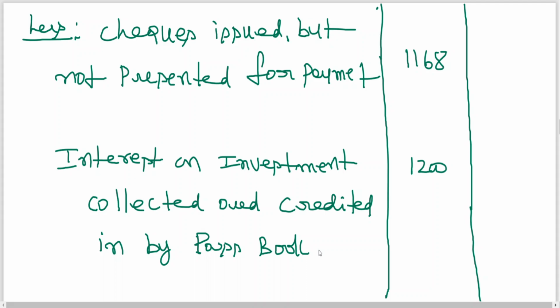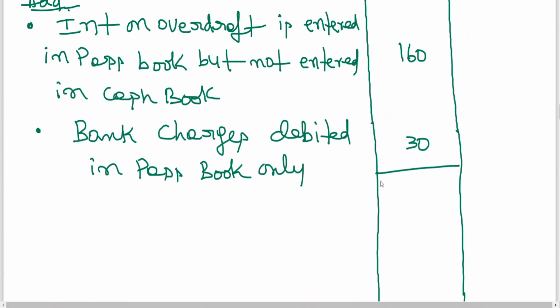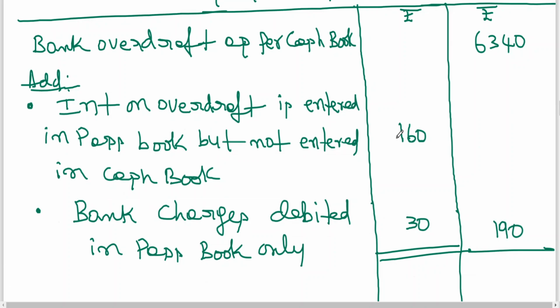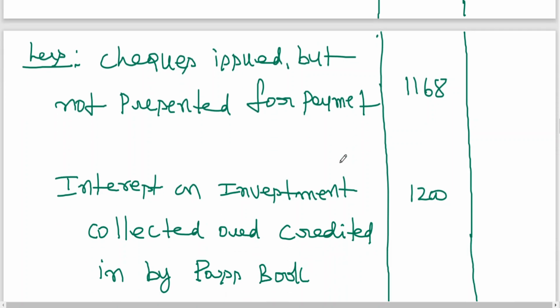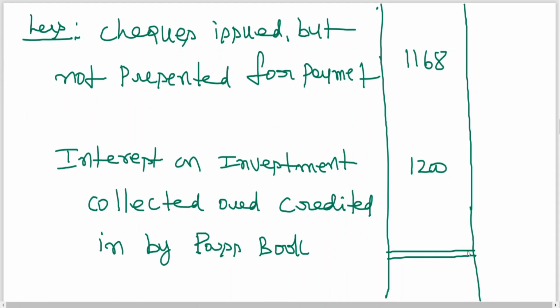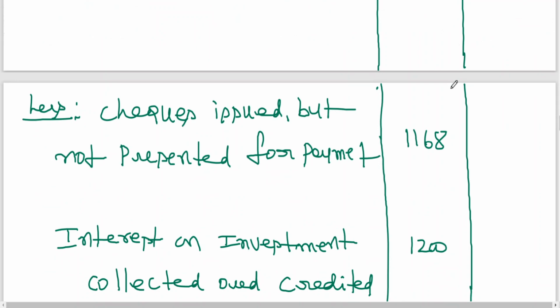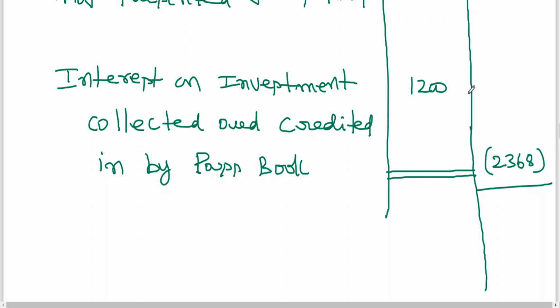Take the calculator. 6,340 plus 190, 6530. 6530 minus 3003 is coming to 4162.